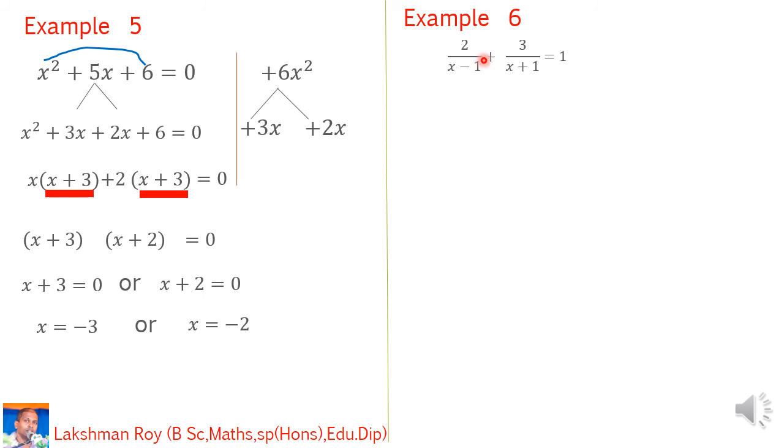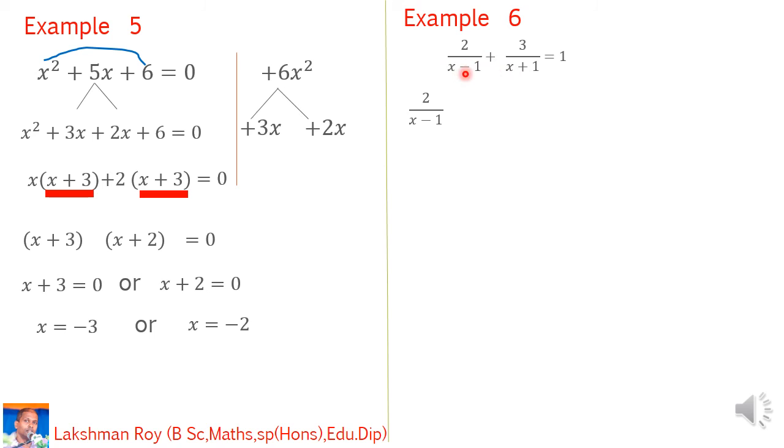Students, addition of fractions means you have to make the denominators equal. You can see x minus 1 is an algebraic expression and x plus 1 is an algebraic expression. These are not the same, so how to make them the same? You should find the LCM of these two, which is the product of x minus 1 and x plus 1.